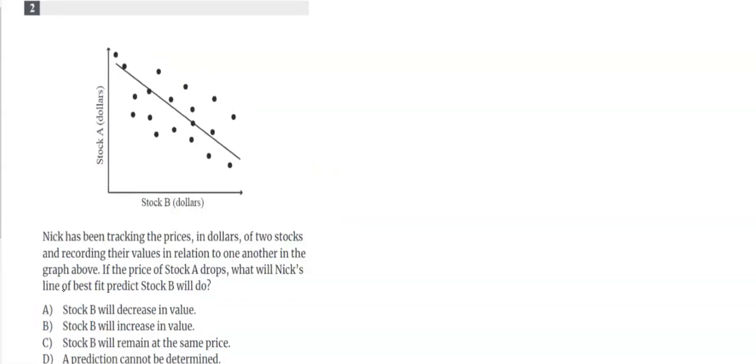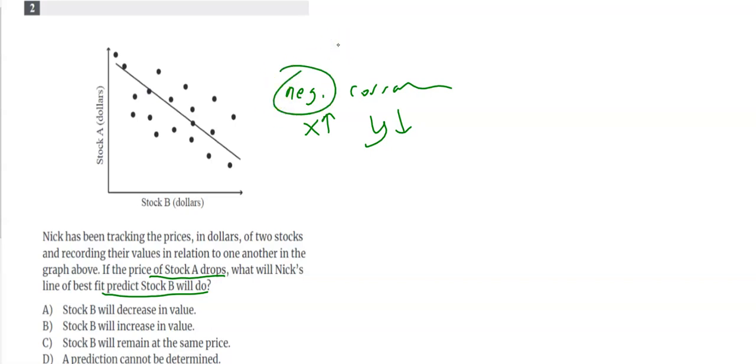This one is saying if the price of stock A drops, what will happen to stock B? Will it increase or decrease? So this is one that has a negative correlation, which means as x is increasing, y is decreasing, or vice versa. They're going in opposite directions because it's negative.